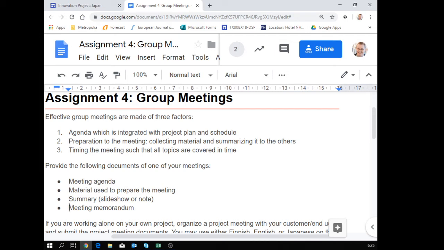So, yeah, the agenda: are we on time? Are we on budget? What to do if we are not on time or not on budget, and that's basically the rest of the agenda.